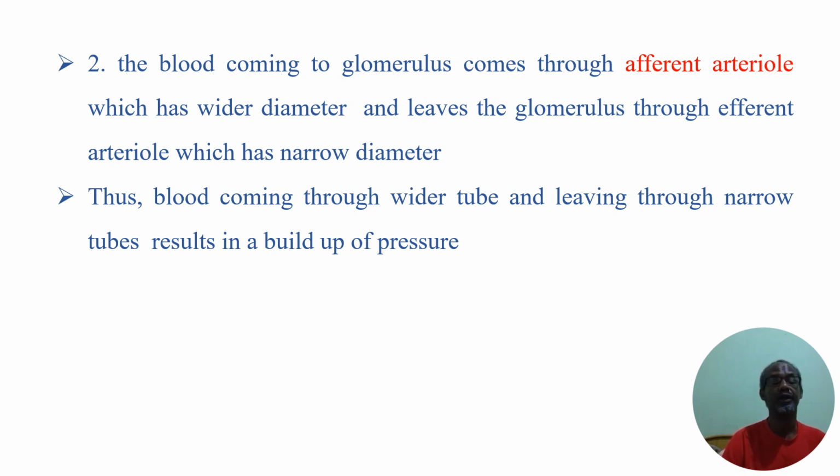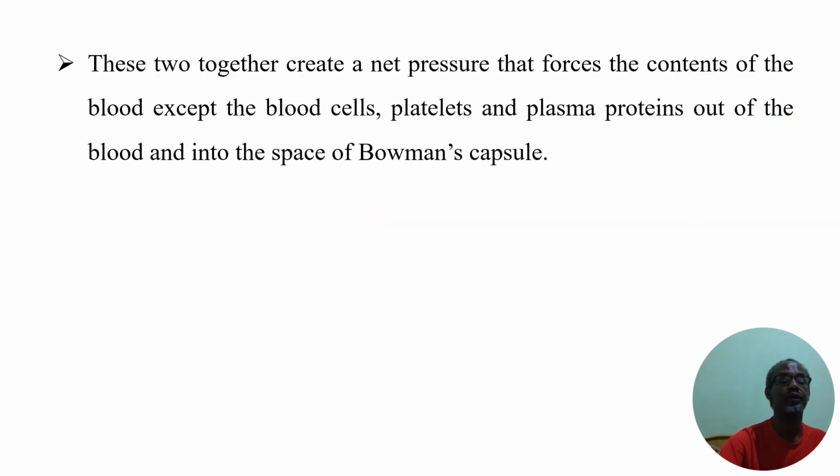These two factors, or adaptations, help to build a high net pressure that pushes the fluid into the space in the Bowman's capsule, so that the blood is filtered and forced to lose its contents. We shall come to that point.